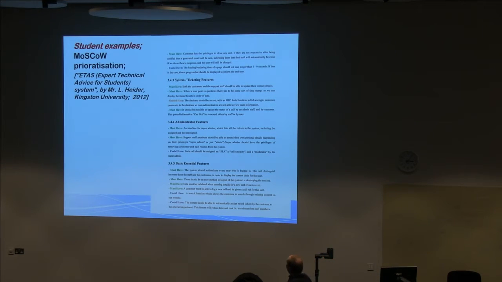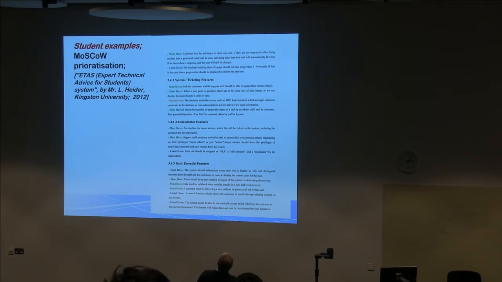It's a bit small, so I'll read them out. 3.4.3, system ticketing features. Both the customers and the support staff should be able to update their contact details. When a user posts, say, questions, interesting. There has to be some sort of timestamp so we can display the raised tickets in order of date.